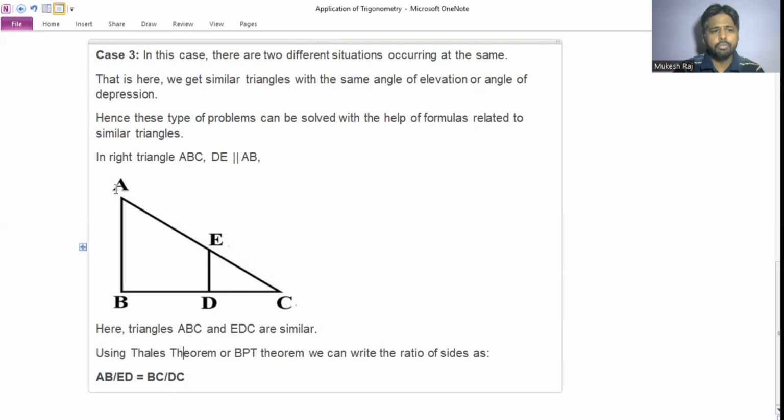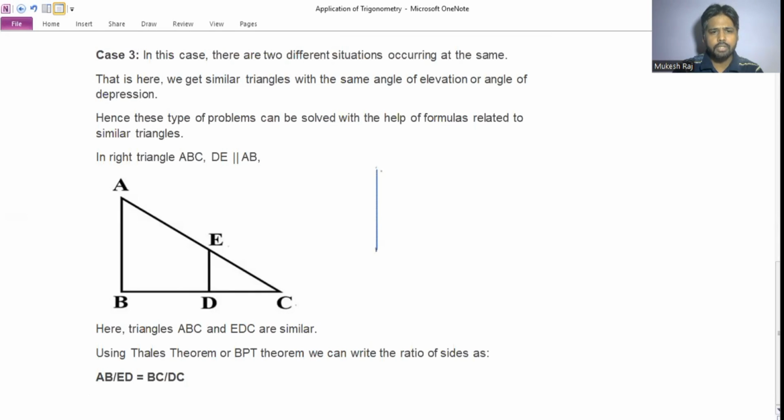So here these two triangles, if you draw them independently as two different triangles, then we can say that we have formed two similar triangles in a way.